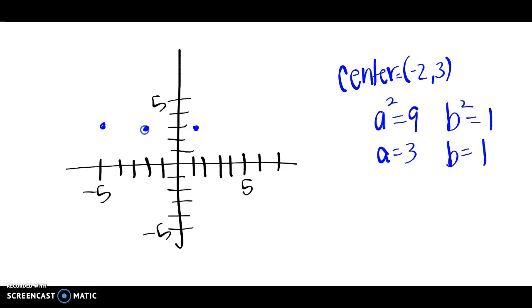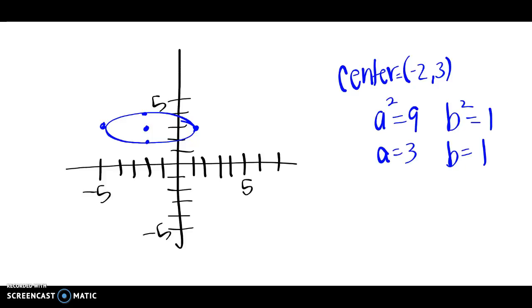How far do we move up or down? 1 unit up, 1 unit down. So you have this really skinny ellipse. This has an eccentricity that is close to 0, and in this class we don't talk about eccentricity.